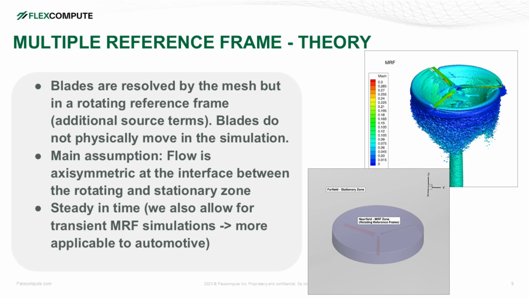MRF assumes axisymmetric flow at the interface between rotating and stationary regions. As a result, it works well for axial flow, but is not suitable when strong non-axial or side-slip effects are present. MRF can be run in either steady or unsteady mode.